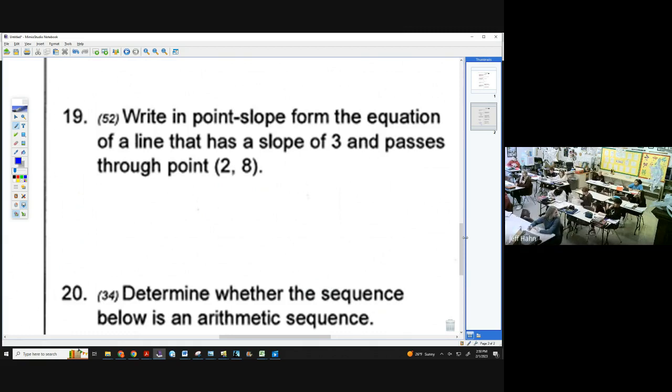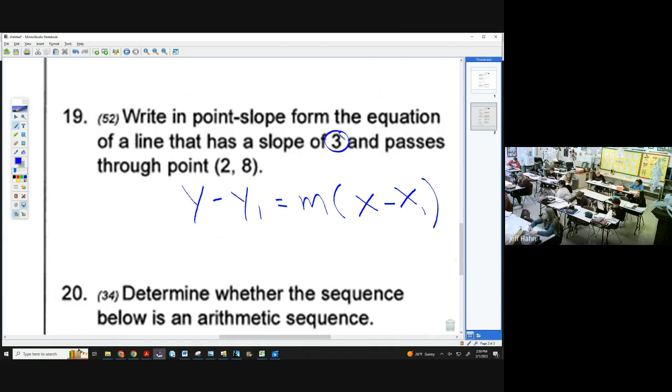Point-slope is this: y minus y sub 1 equals m times x minus x sub 1. You just need to write the equation. They gave you everything you need. This is the slope, so that number goes in for the letter m because that's the slope. This is the x and the y number.